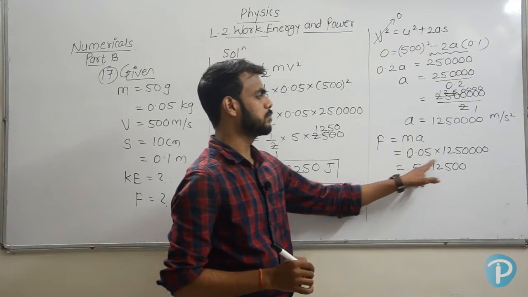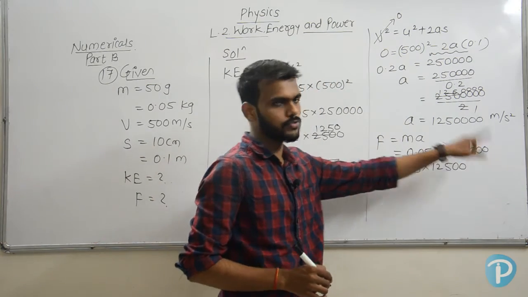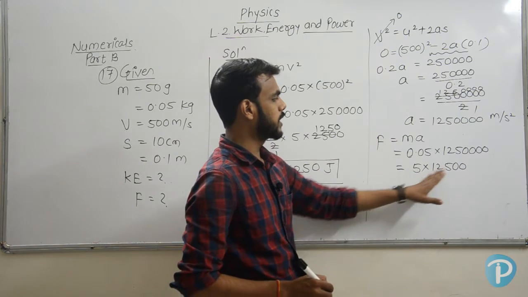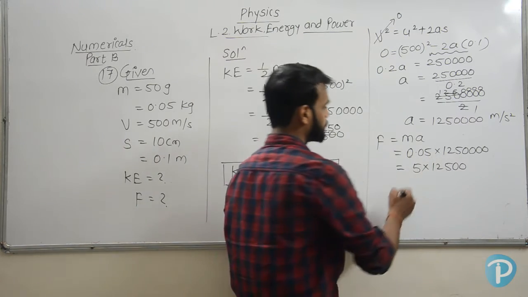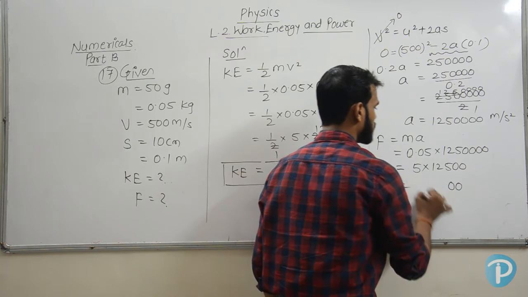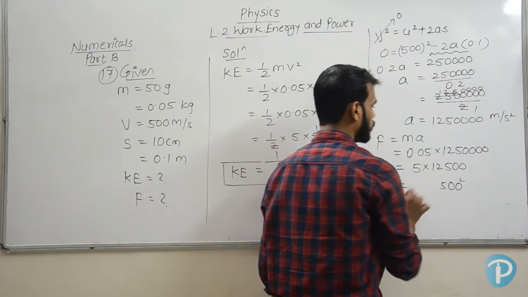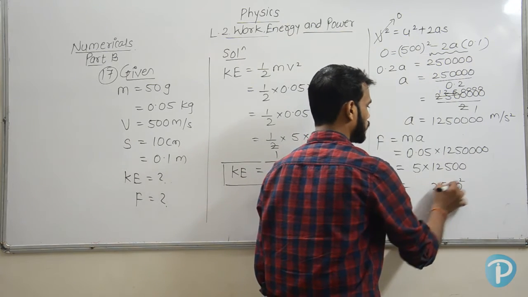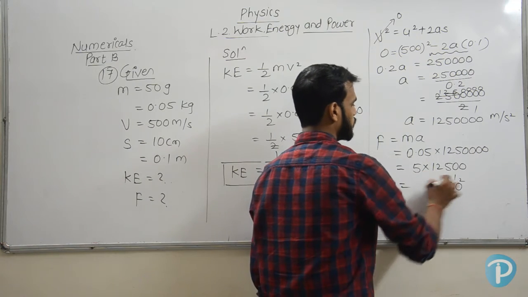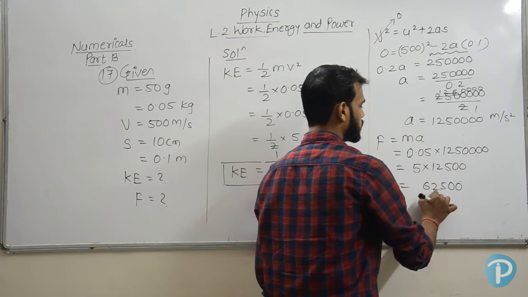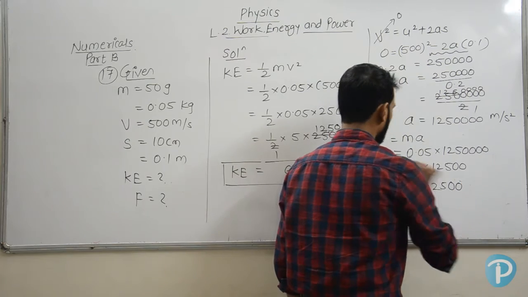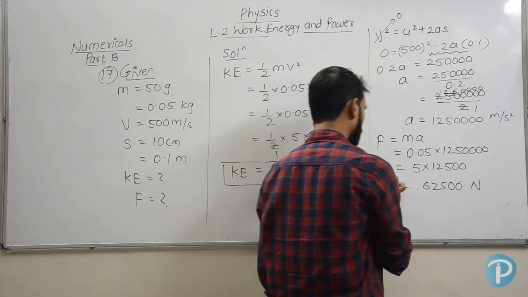We have shifted two decimals, so I have cancelled two zeros from this number. Now we will multiply this with 5, these two zeros as it is. 5 fives are 25, carry 2, 5 twos are 10 plus 2, 12, carry 1, 5 ones are 5 plus 1, 6. So 62500, this is force, so the unit will be Newton.